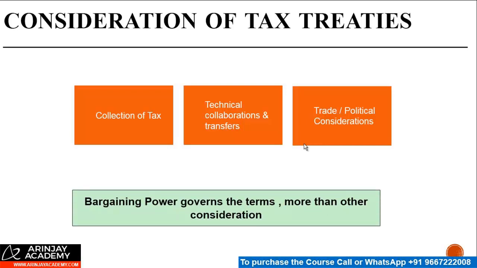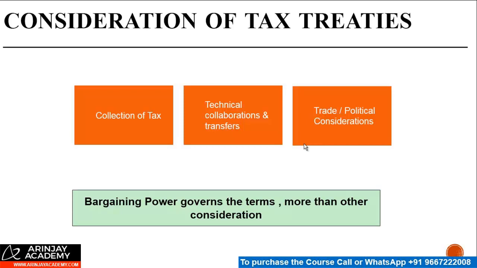It is the bargaining power which governs the terms more than any other consideration. What I mean by this is, think of a case where a country has a large amount of technical capabilities. They are obviously going to have more bargaining power when they are discussing with a country which wants technology, right?